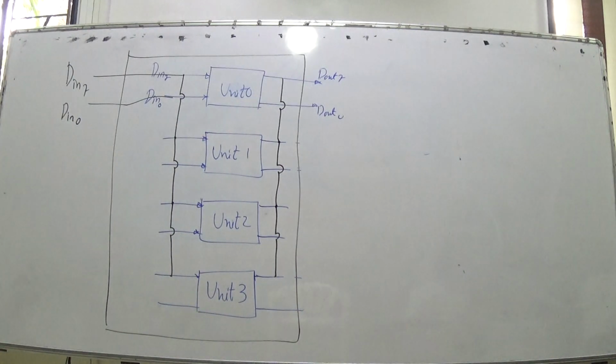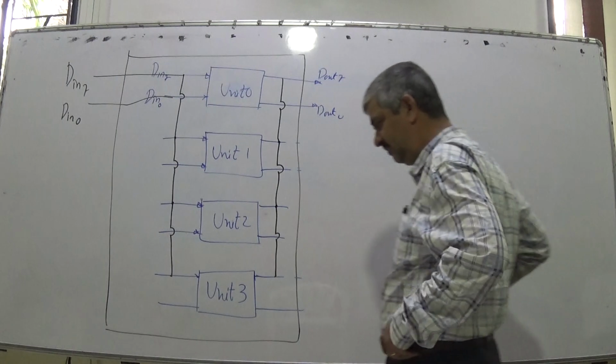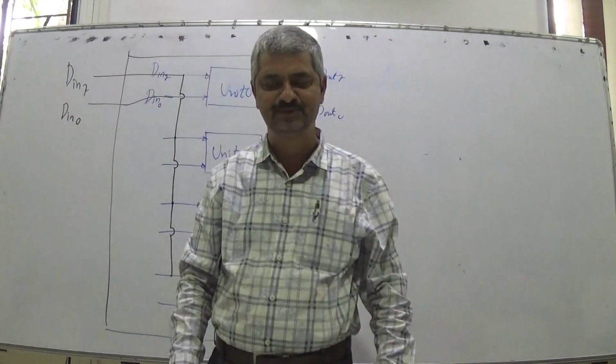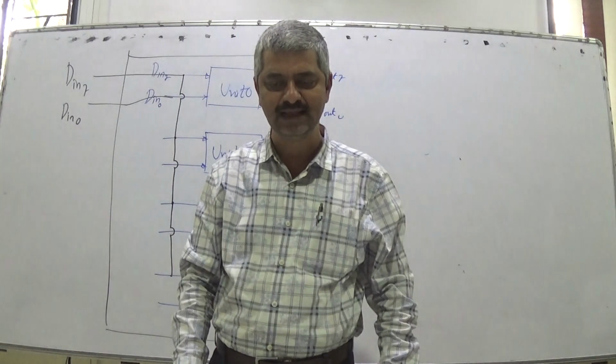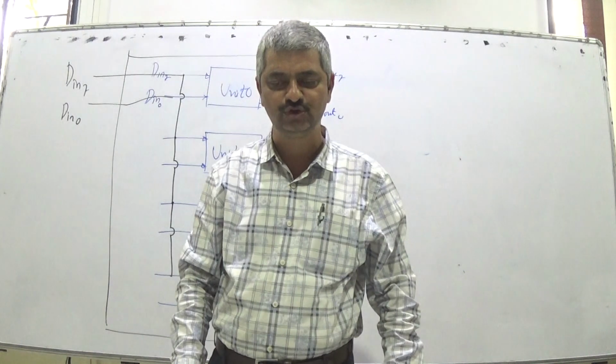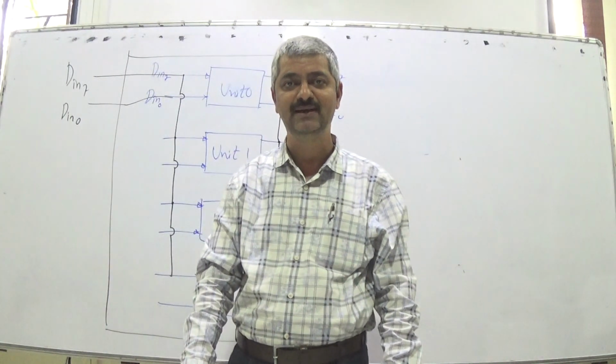Suppose a question is asked in the classroom, or I ask a question in an online interaction session. Many will unmute themselves and start answering. Few will answer 1, few will answer 0, and there will be chaos. That will not happen if I say now roll number 5 will answer.